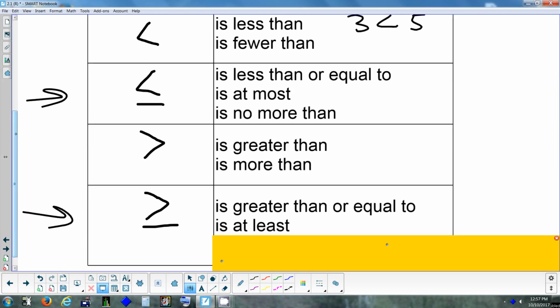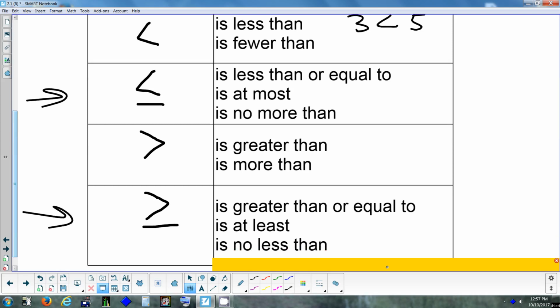And how about the last one? Anyone think they could reword the third one so that it fits the last one? Is more than. Well, wait, no. Is no less than. Okay, I think those are the trickiest ones.